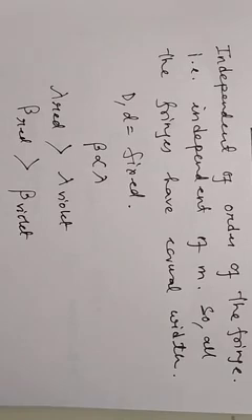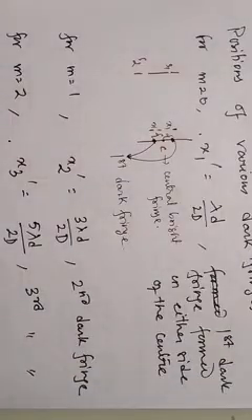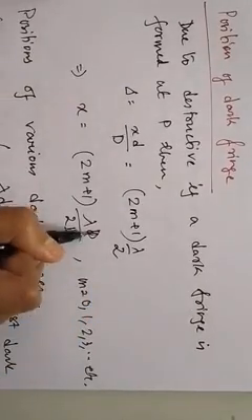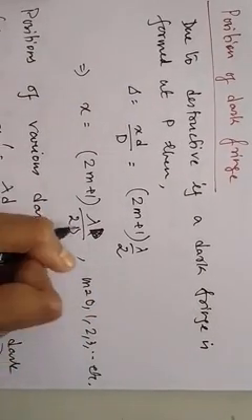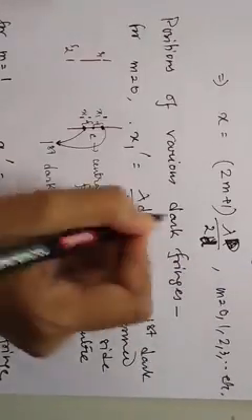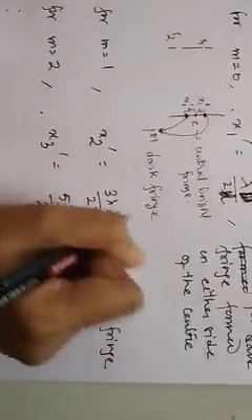Now another thing: where we found the position of the dark fringes, here we have to make one correction, that it will be lambda capital D by small d.